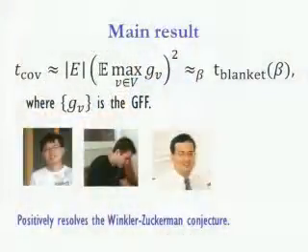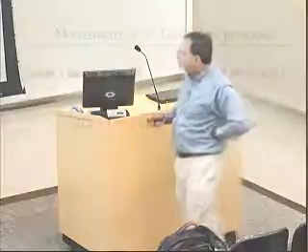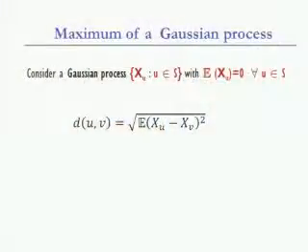Right, so the key in the theorem is to relate the cover time to the maximum of a Gaussian process, and so I have to tell you something about the maximum of Gaussian processes. This is a highly studied subject. We're just going to take centered Gaussian processes, so mean 0.